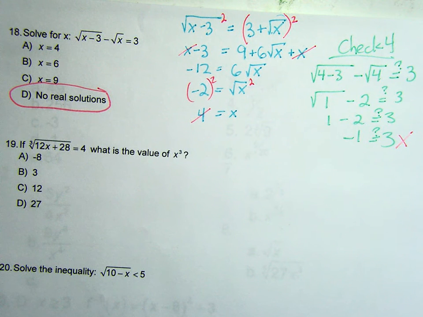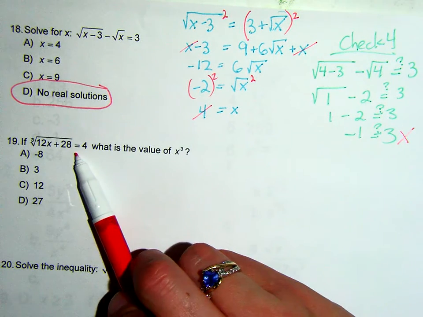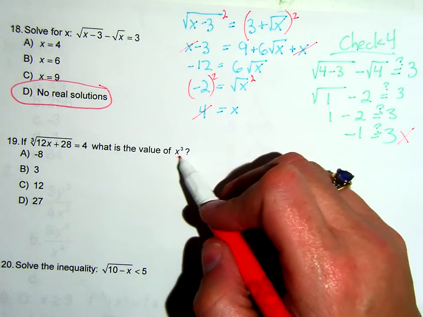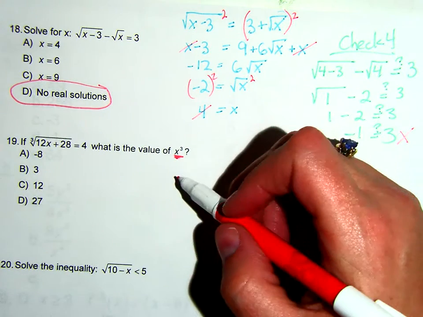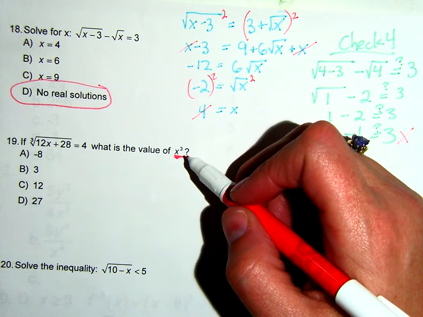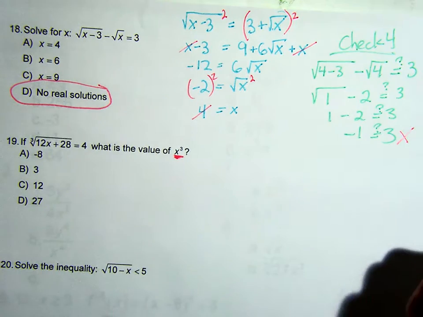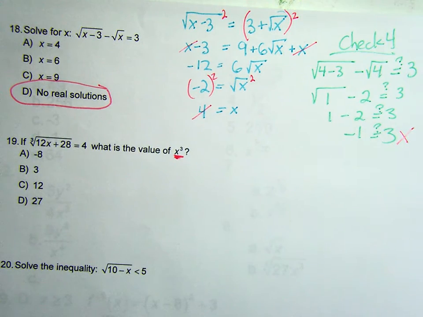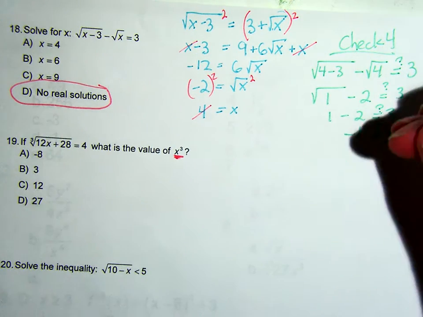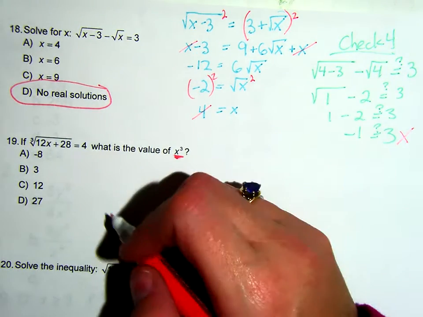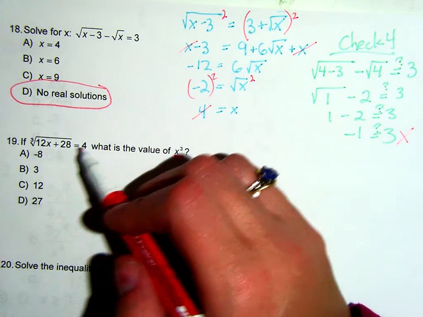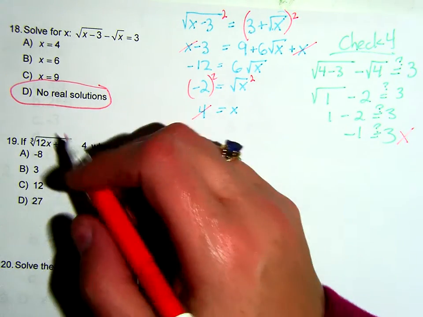Number 19. If we have this equation, what is the value of x cubed? You have to make sure that you are paying attention to the fact that it's asking for x cubed. We're going to solve for x first and then cube that answer. So, how do I get rid of a cube root?